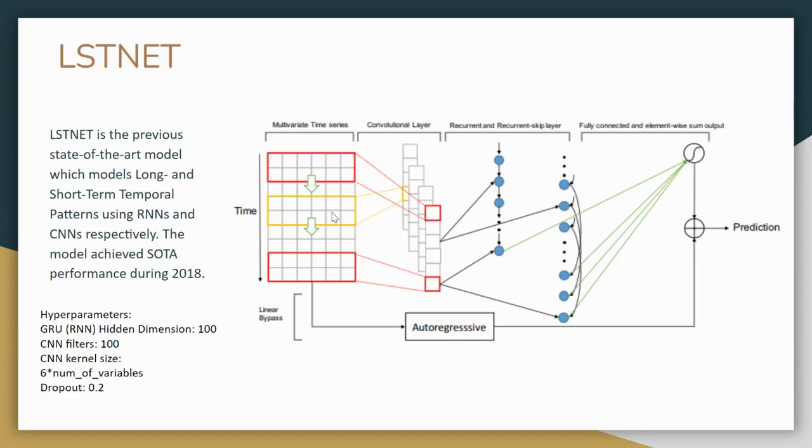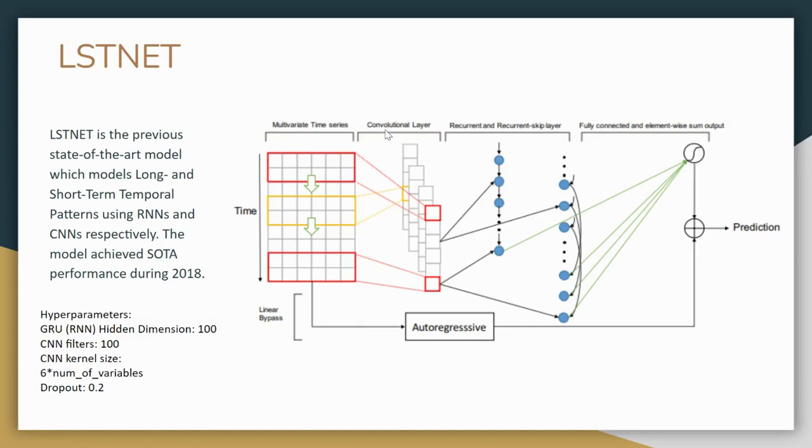So it is the state-of-the-art model, which is a hybrid combination of long and short-term temporal patterns, using RNNs and CNNs. RNNs are for modeling the long-term dependencies, and CNNs are for modeling the short-term dependencies. The grid over here is the multivariate time series data grid, where the vertical rows represent the time, and the horizontal represents the multivariate time series variables.